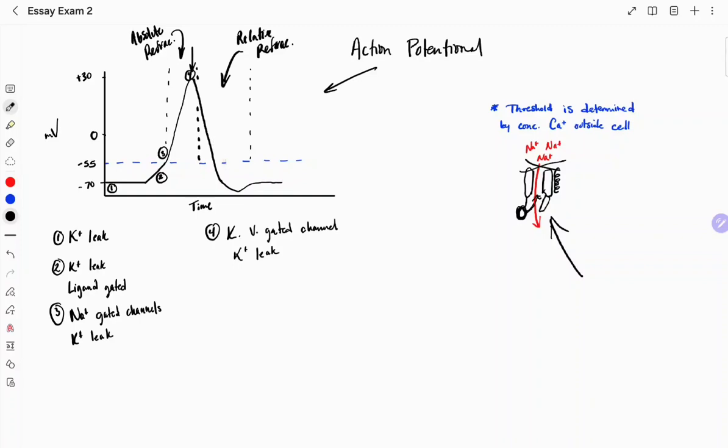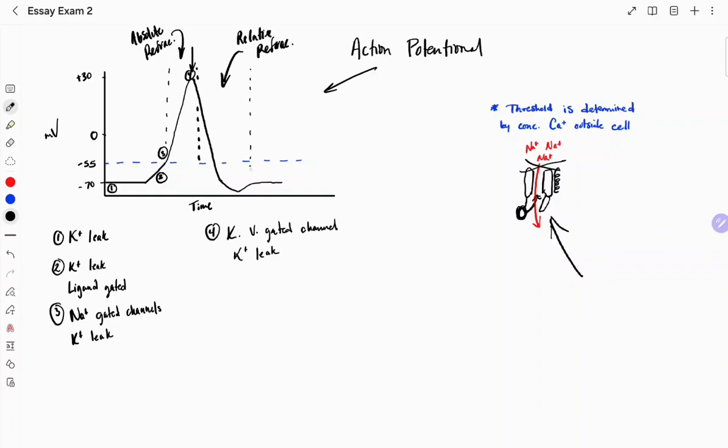And so because you have that potassium that's leaving the cell, it would take a stronger stimulus to cause an action potential to happen in between this period.